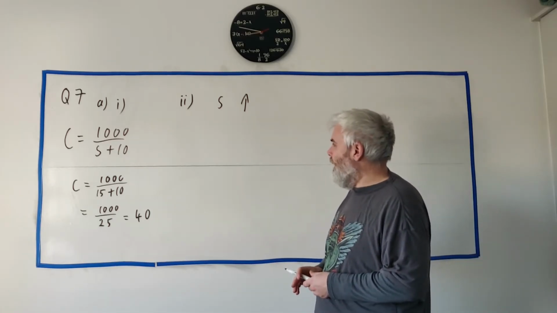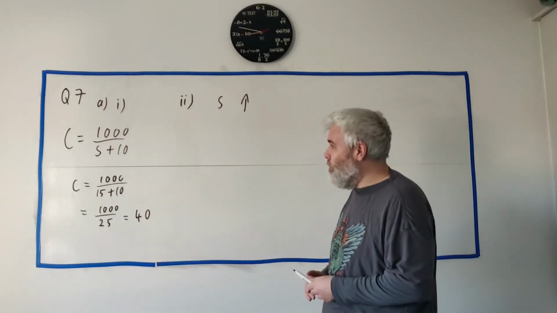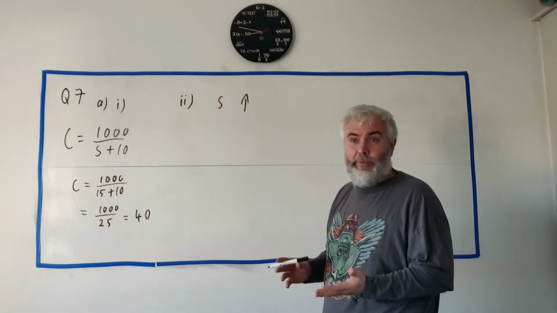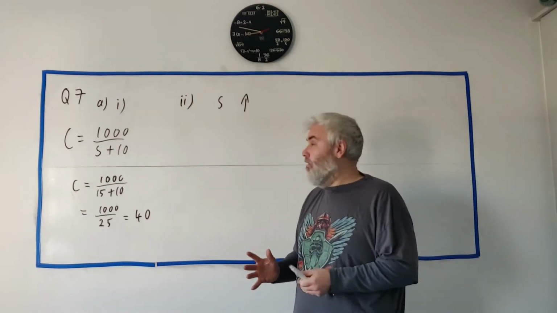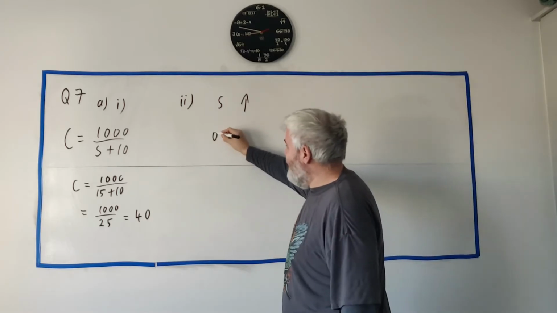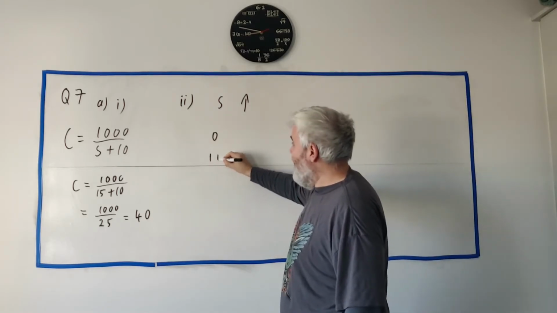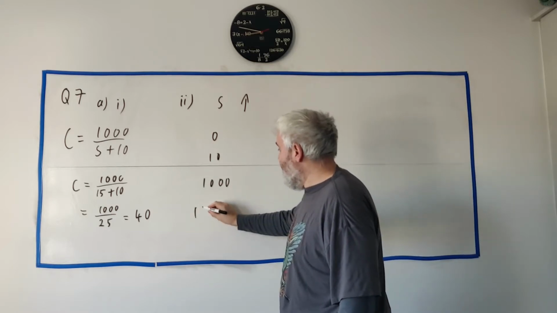There are a few maths ways to do this, but I'm going to show you what I think most people should do in this sort of simple question. Just guess some answers. They tell you S increases, so let's put in some values for S: 0, 10, let's say 1,000, and let's say 1,000,000.